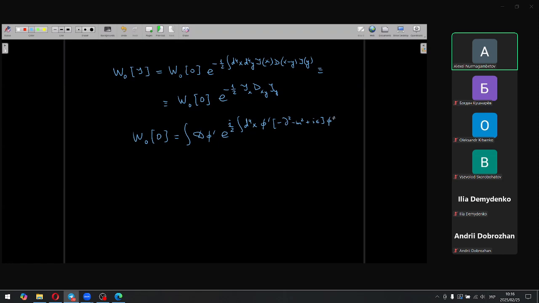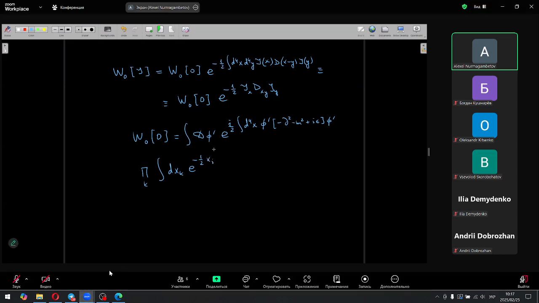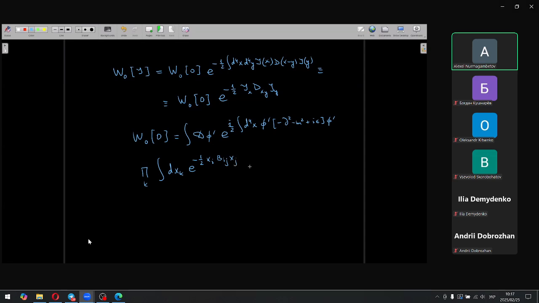And here we have some analogy with finite-dimensional Gaussian integrals. I recall that in the finite-dimensional situation, integrals of the following form, the exponent of minus 1/2 of x_i in some matrix B_ij x_j, become proportional to the determinant of this matrix B to the power of minus 1/2.